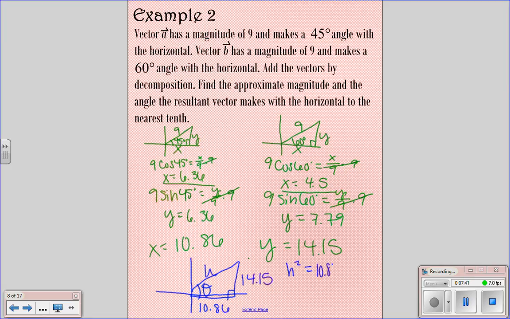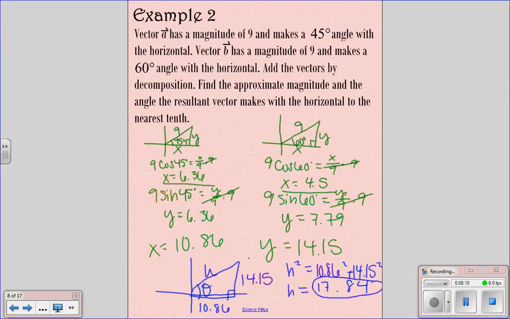So we'll have 10.86 squared plus 14.15 squared. So if you use your calculator to solve that, you should get 17.84, and so that would be your magnitude.